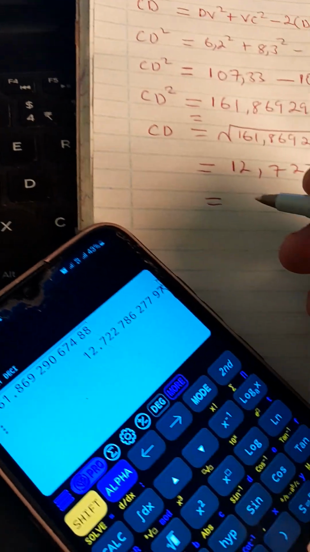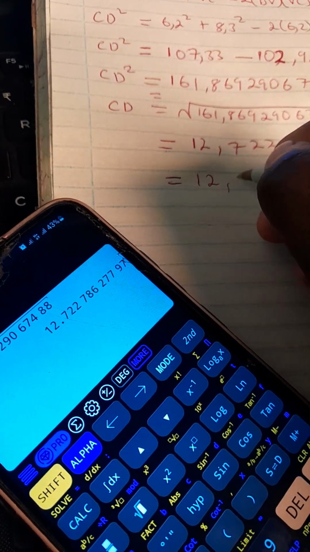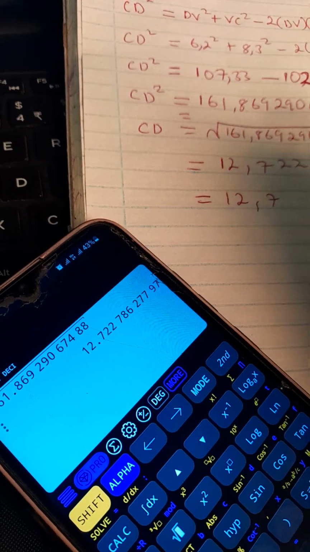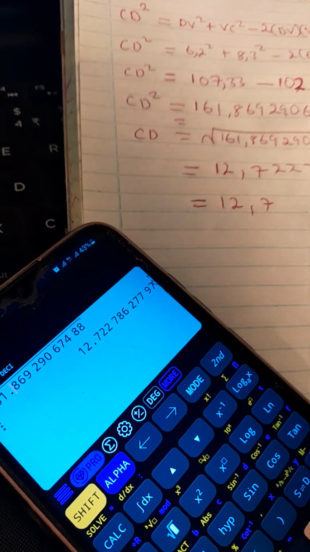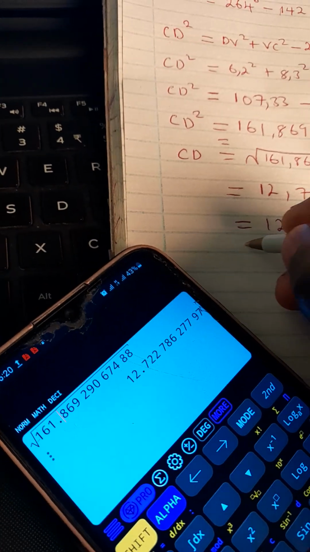For three significant figures, your answer becomes 12.7. If it says to leave your answer to 2 decimal places, then your answer becomes 12.72.